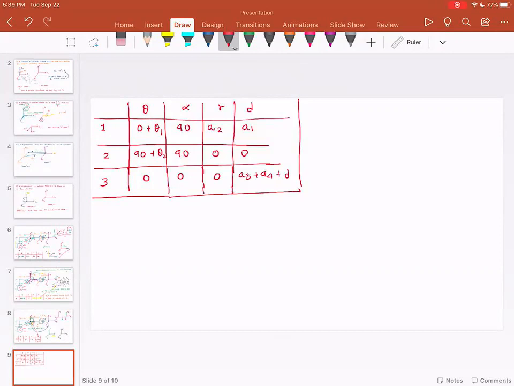Once the DH parameter table is completed for any joint, the last thing is just plug and chug. So let me give you a classic formula.